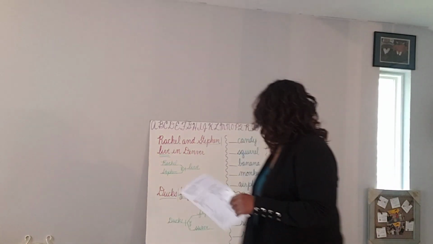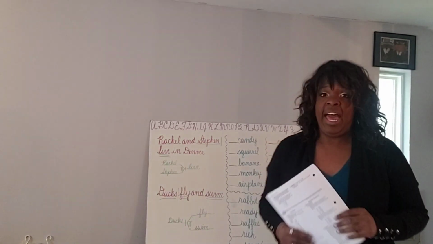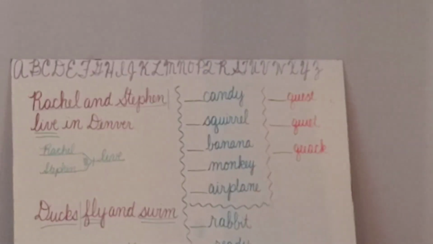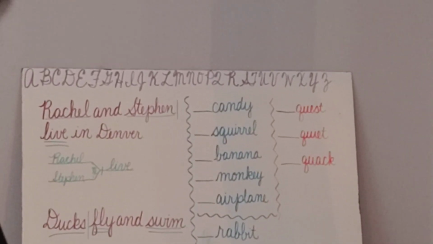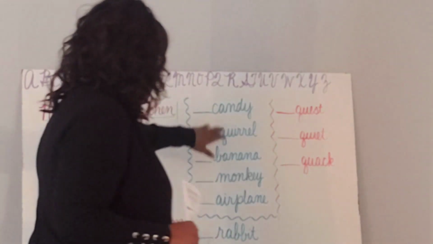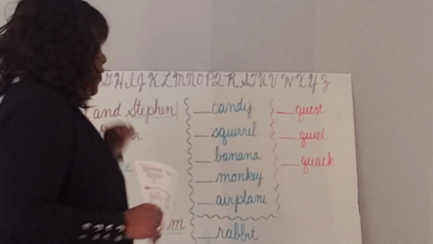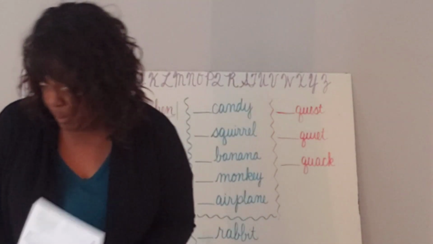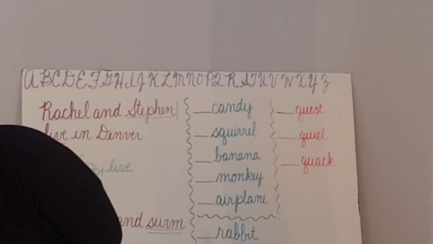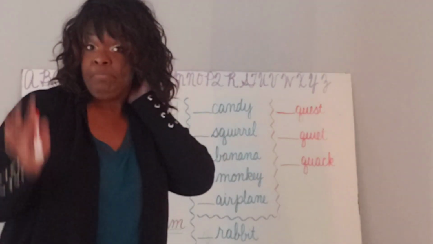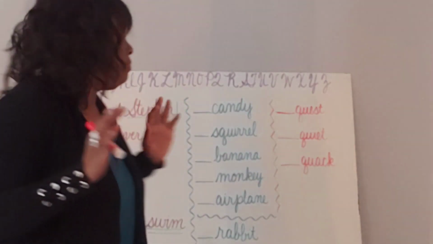So look at our words that we have here. We have the words candy, squirrel, banana, monkey, and airplane. Okay, just these words right here. If it's going to help you, and parents, please encourage your children if they're struggling with this to please follow this.